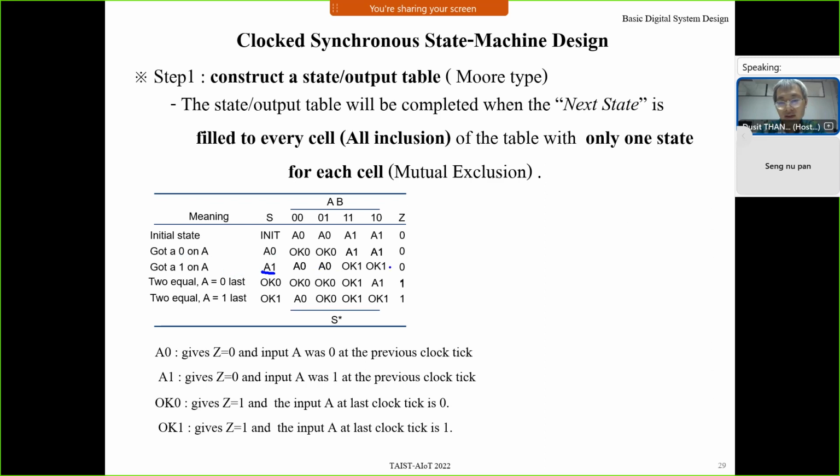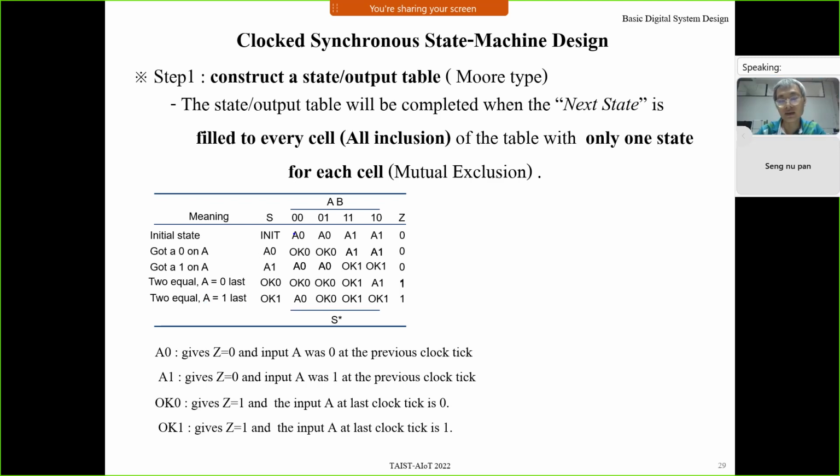A1 is the state where output is 0, and the last input value of A at clock tick is 1. OK0: output is 1, and the last value of A is 0. OK1: output is 1, and the last value of input A is 1.